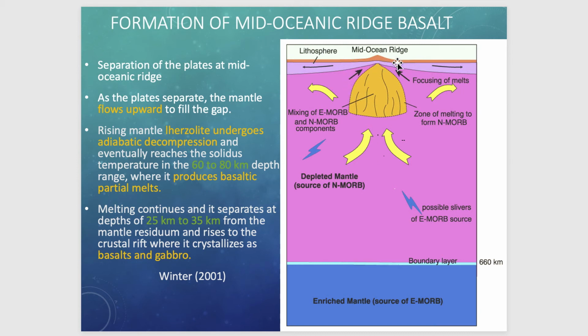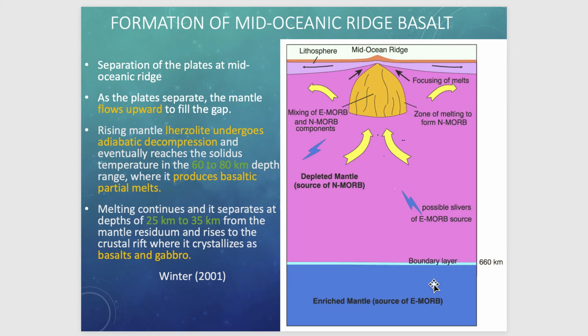But essentially you form an area of mixing where you mix two types of mid-ocean ridge basalts dominantly, the E-MORBs and the N-MORBs. This distinction is based on the amount of trace elements. Usually E-MORBs will represent an enriched mantle, and we saw that a number of processes can lead to enrichment of mid-ocean ridge basalts in terms of trace elements, as well as some of the major elements such as potassium.